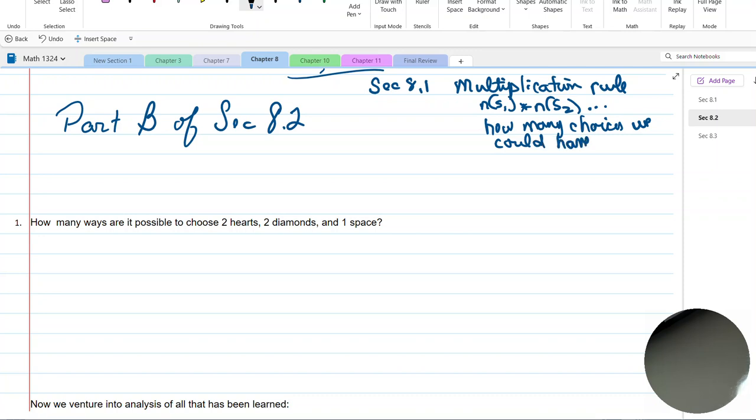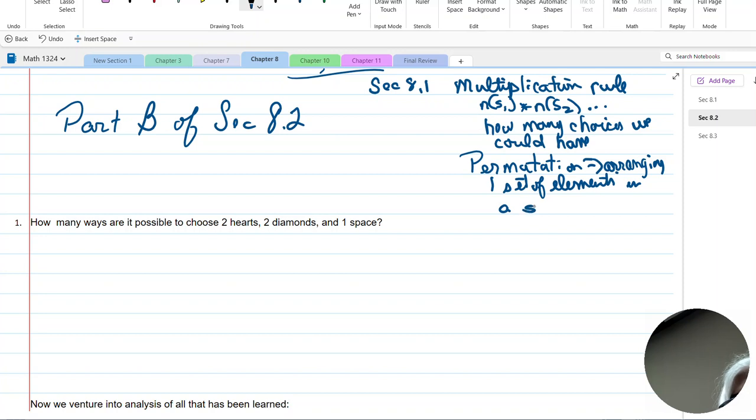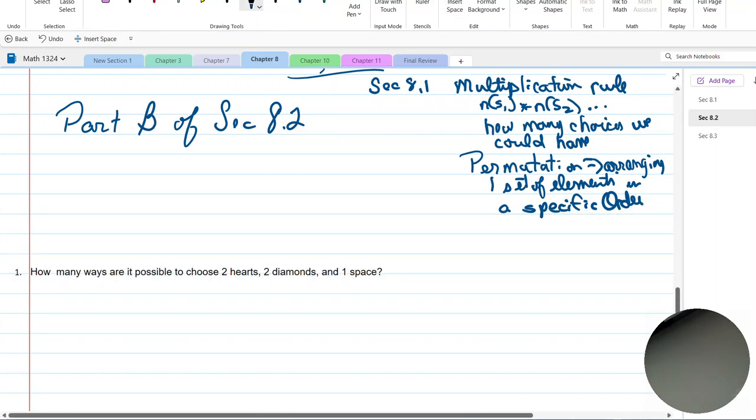Then, in that same section, we learned about permutations. And this was arranging one set of elements in a specific order. And in this one, we introduced the factorial.